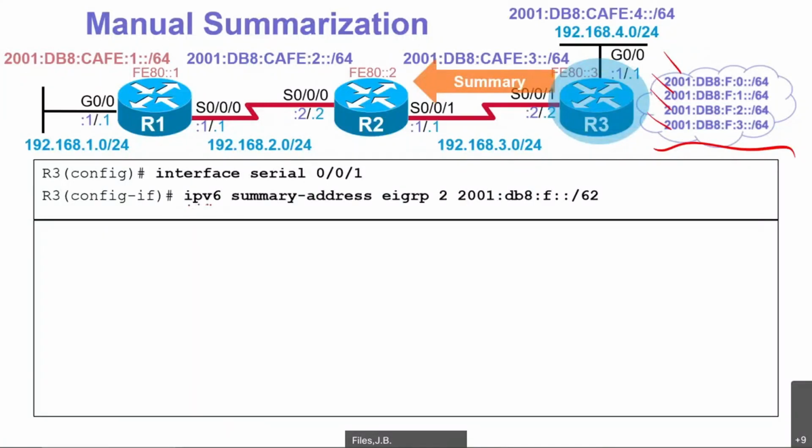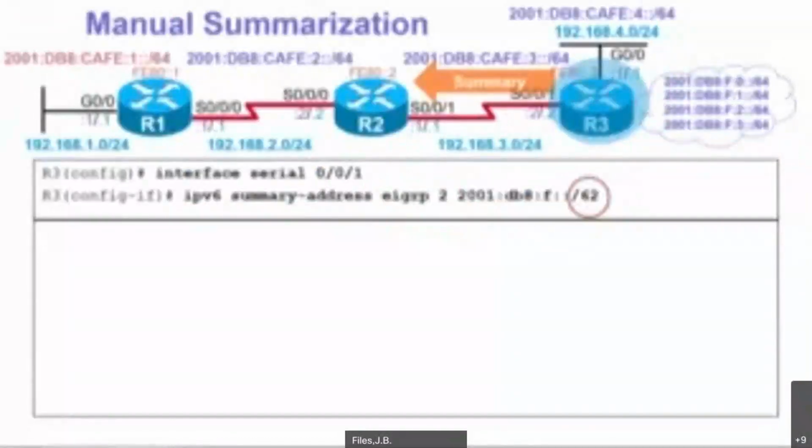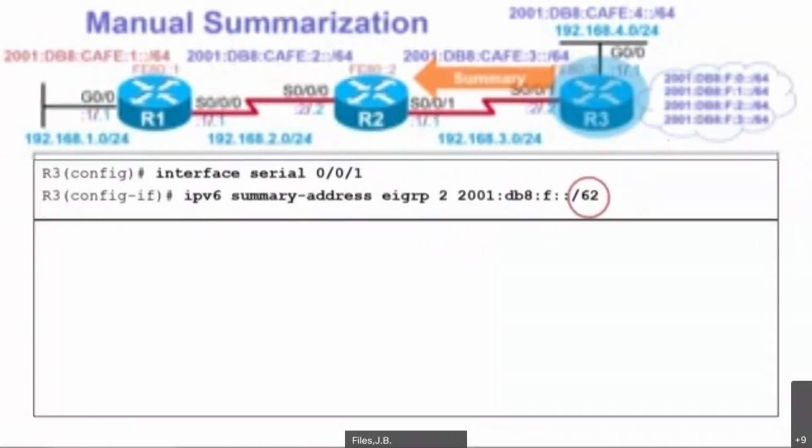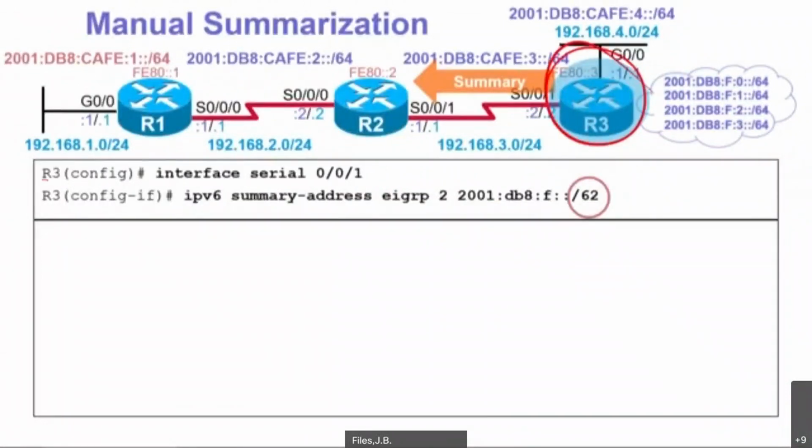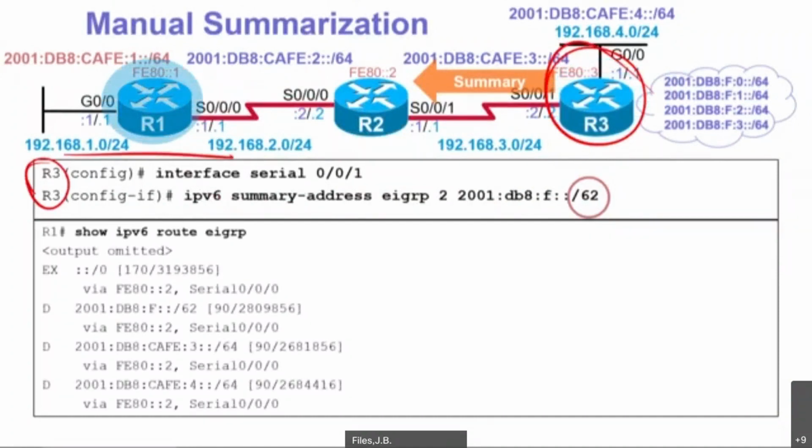So the summary address is configured the same: ipv6 summary-address eigrp 2. Right. So we're summarizing those four /64s into a /62. Okay. So that summary address is configured on R3. So we're going to go to R1 and see if we can see them. There we go.